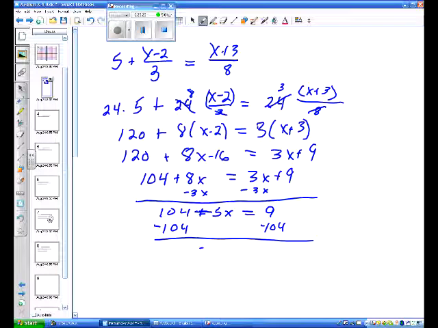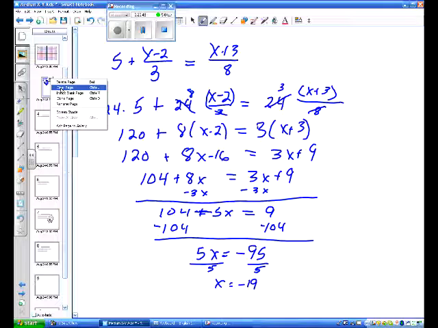And we have 5x is equal to negative 95. Dividing both sides by 5, we have x equals negative 19. And I haven't been substituting in to check, but to check these, you would simply substitute them into the original equation.